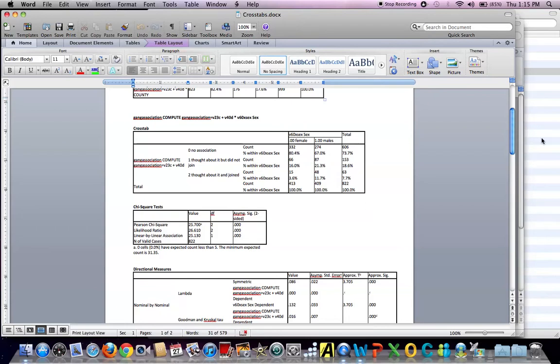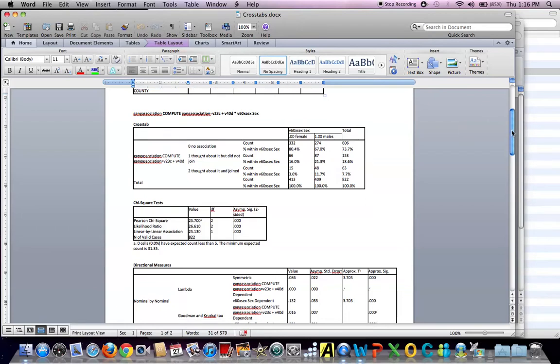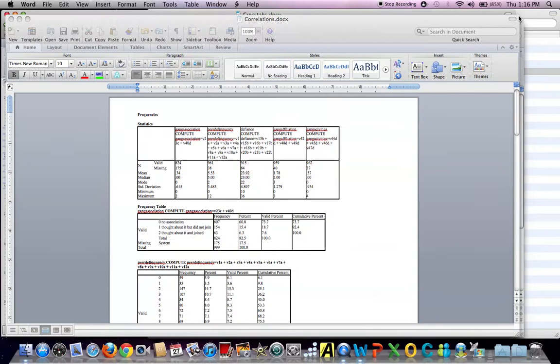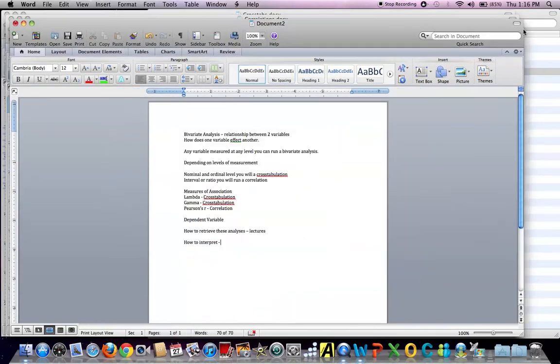All right, so one thing I want to show you is how to read the tables. All right, so this is what's referred to as a contingency table. And your book talks about contingency tables. All right, I want to give you a couple of notes on the contingency table. So you need to know what a contingency table is.